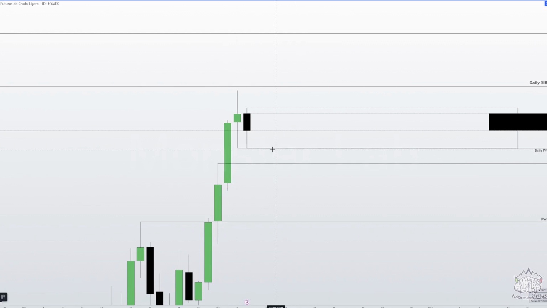So this is the sponsorship level. I don't know if price needs to dip into this fair value gap because it's only one little move inside this fair value gap.